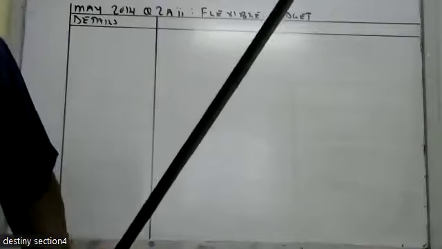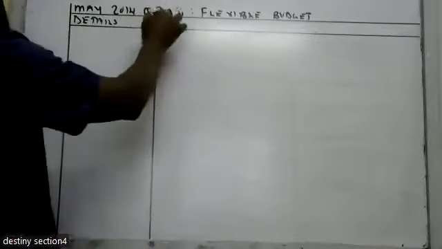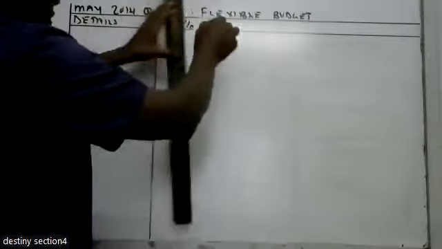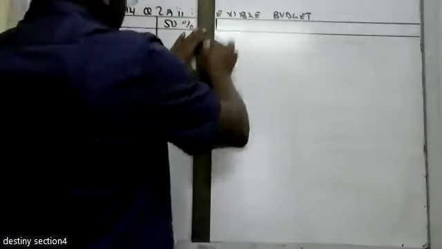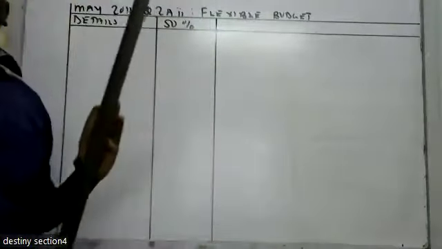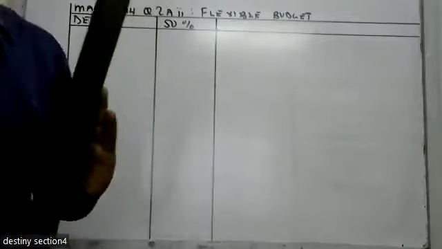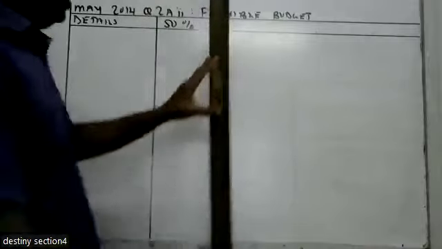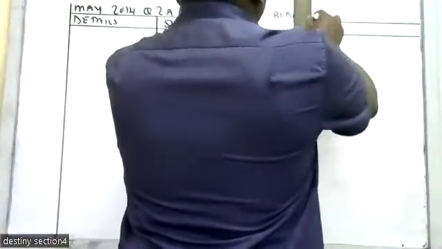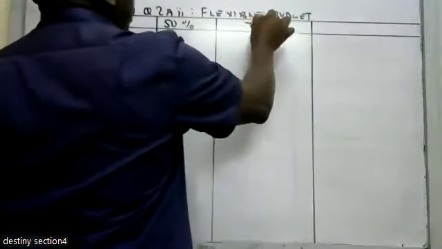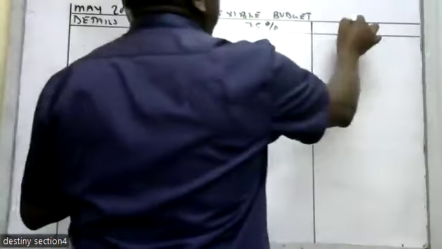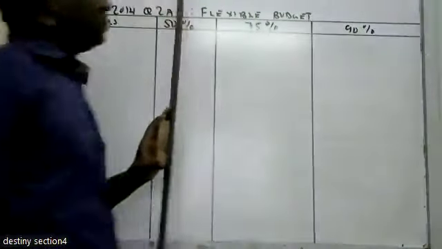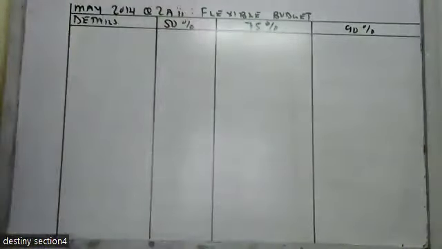Tunauliza utengeneze ya 50%. Now this one for 50%, we already given the figures. So that one may not have workings. But how wengine 75 and 90, you can make them a little bit wider. 75%, 90%. We may have the workings.